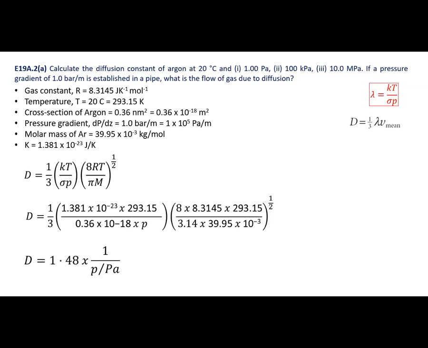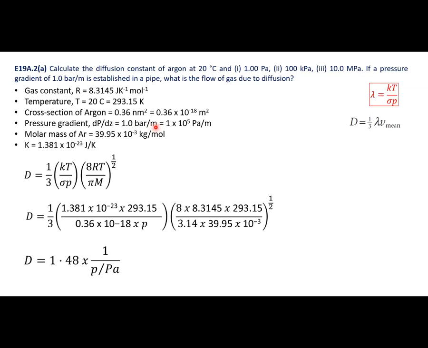All right, some of the constants that we know: that is the gas constant. We know temperature is 20 degrees Celsius, converting that to Kelvin to 293.15. We know the cross section of argon, 0.36 times 10 power negative 18 meters squared, and the pressure gradient dP over dz is 1 bar per meter.